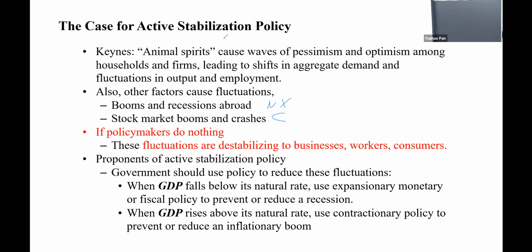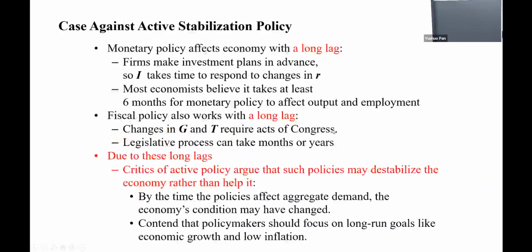Again, the Fed's aim is not to stimulate the economy forever, but to stabilize the economy, to keep the output at the natural rate of output, right? To stabilize the economy. That's the support.